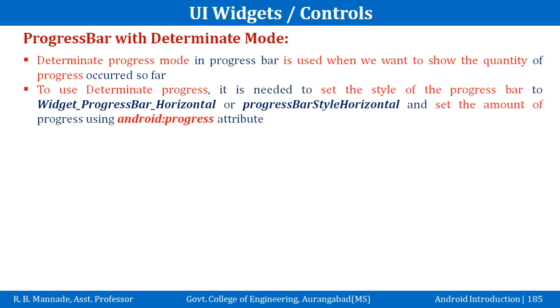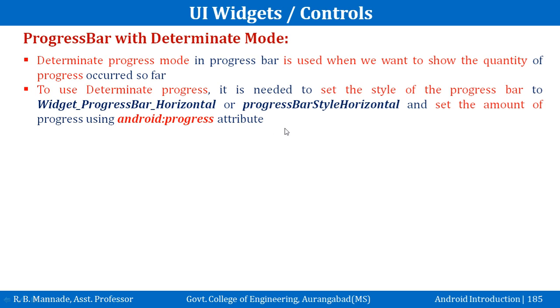To use a determinate progress, we need to set the style of the progress bar to a particular value, that is widget underscore progress bar underscore horizontal, or progress bar style horizontal. Okay, so first condition is its style should be set to horizontal type, and we need to set the amount of progress using the progress attribute.